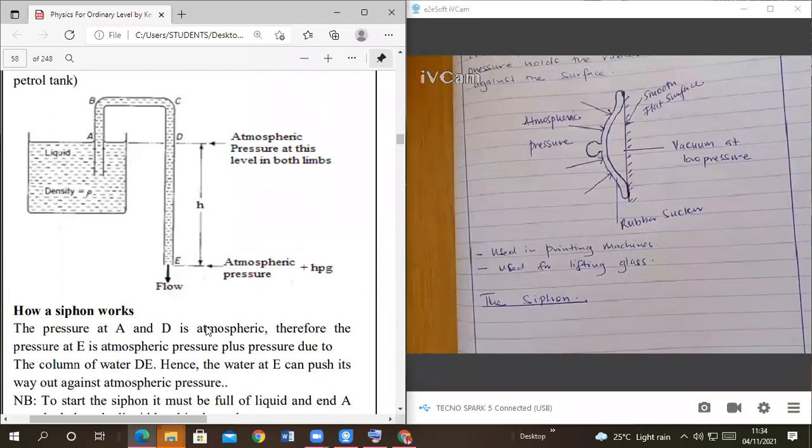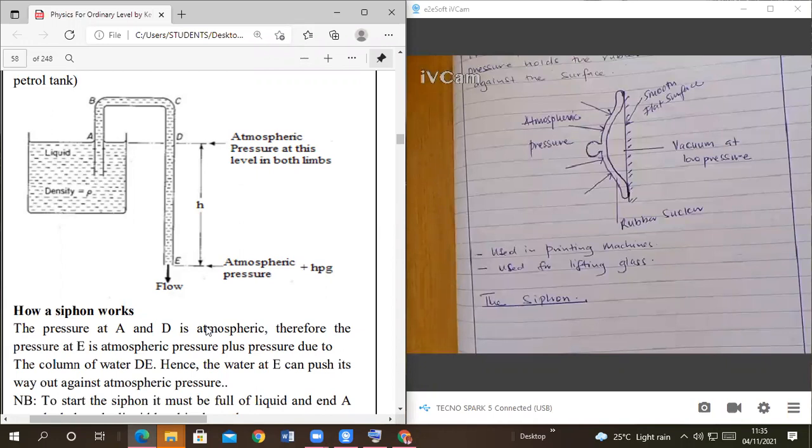The straws you are talking about for taking soda may be short, but if you connect them and make sure that where you have connected, no air is entering, it must be continuous.